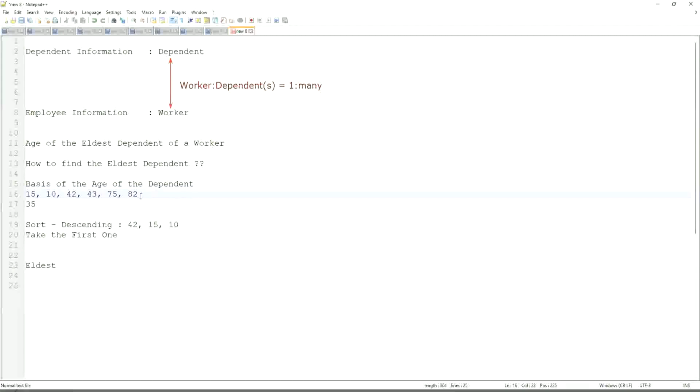So first thing that we are going to do is find out the eldest dependent. So we will sort the dependents based on the age. Right. And then we will see what is the criteria on the basis of which we are choosing. But first you realize that we are going to store the new calculated field in which business object, worker or dependent.